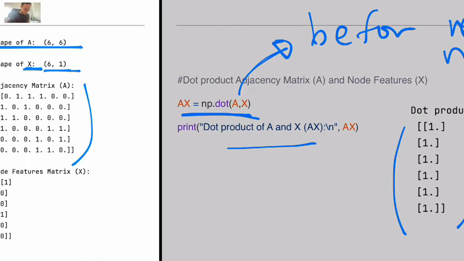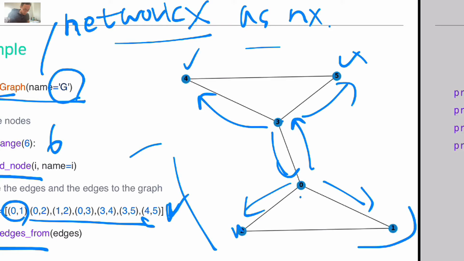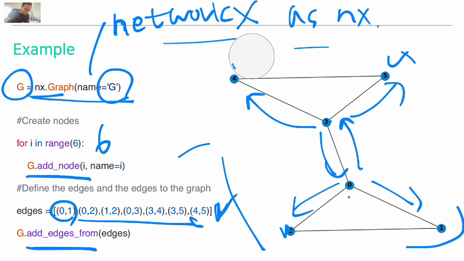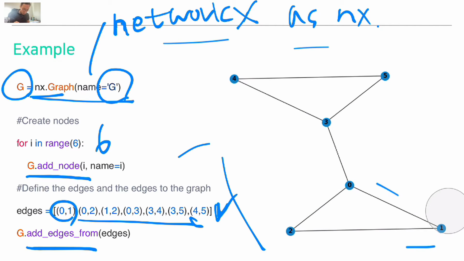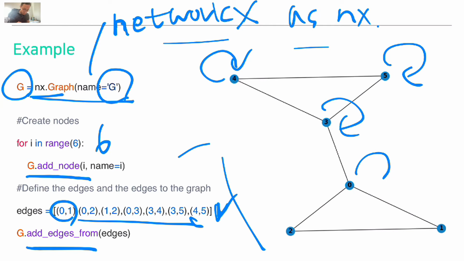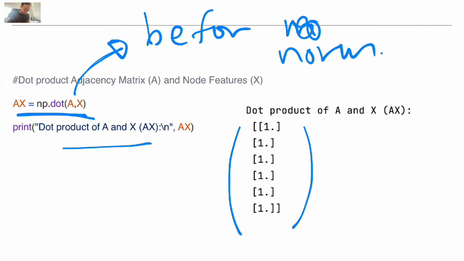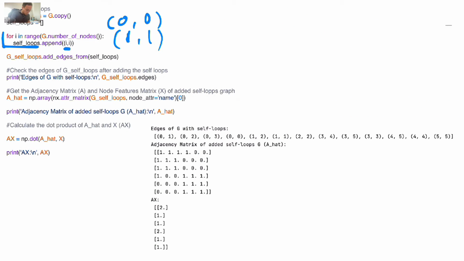And now the network has the self-connecting nodes, right? So this is the new graph, and this is the new adjacency.